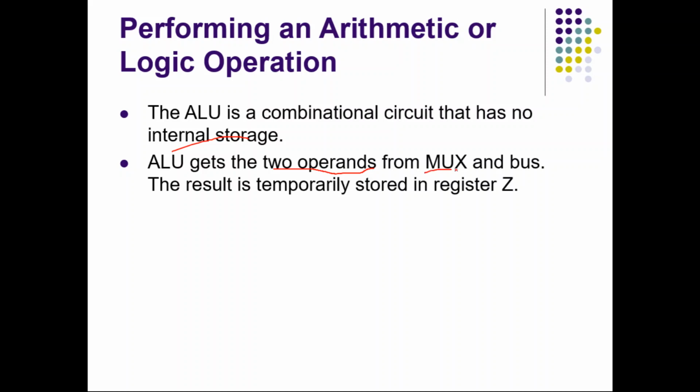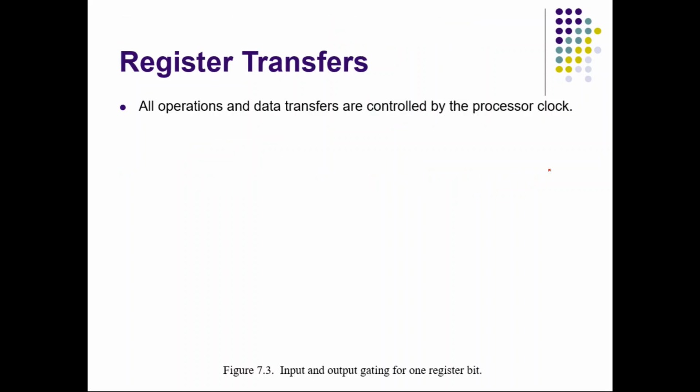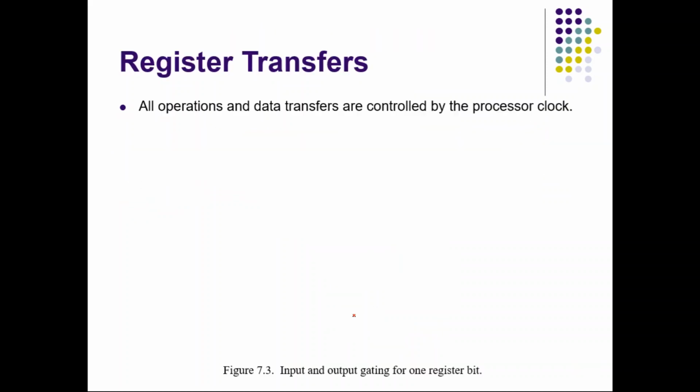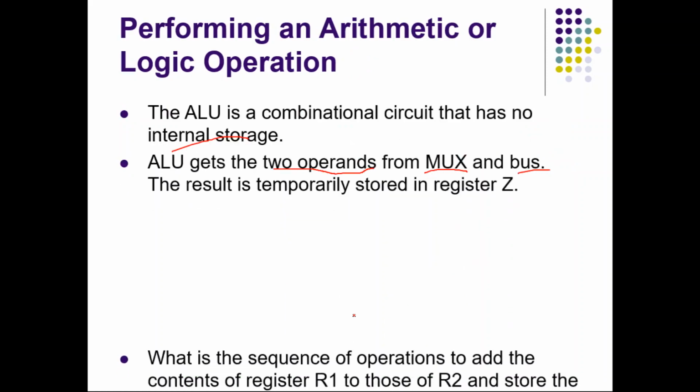One is an output from the multiplexer, and the other is from the bus. If you see this diagram, A is from the multiplexer, and B comes directly from the internal bus. It performs the operation and stores the result in the register Z.